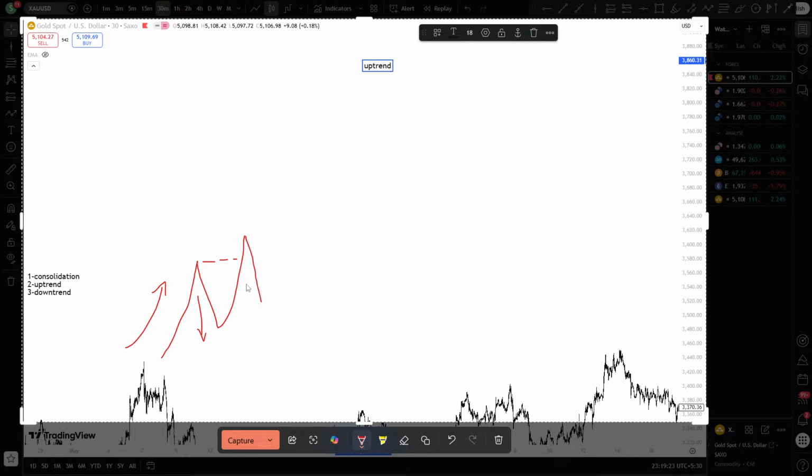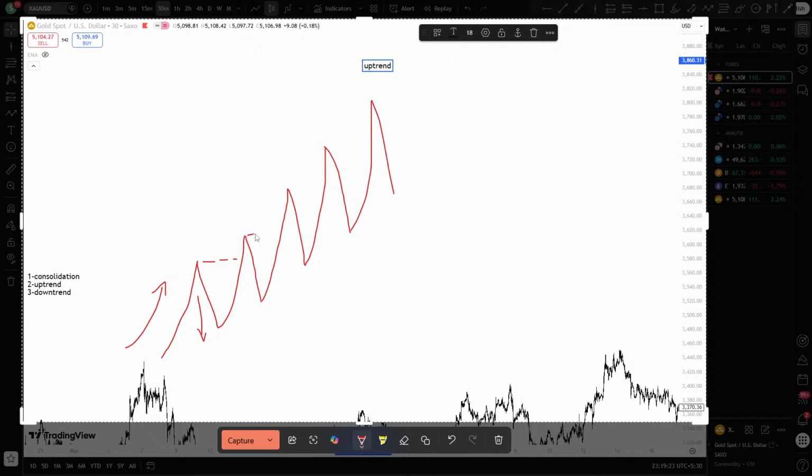After the pullback, again a push to the upside, then a pullback. After that the market will give us another push, another pullback, and then another push, then a pullback.